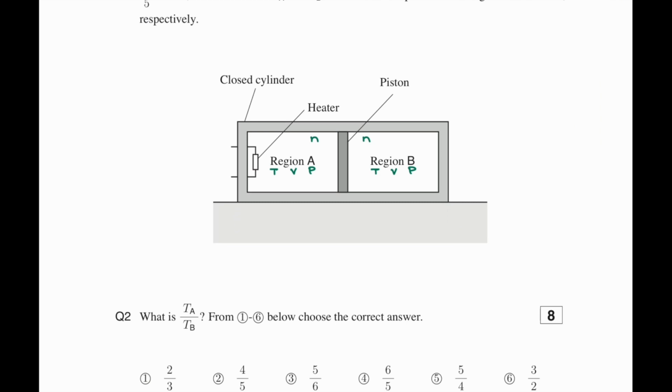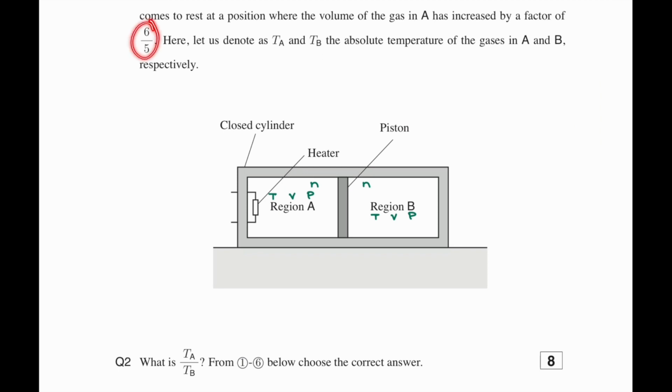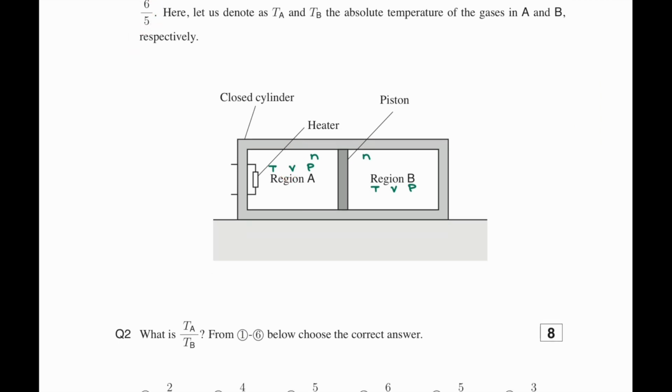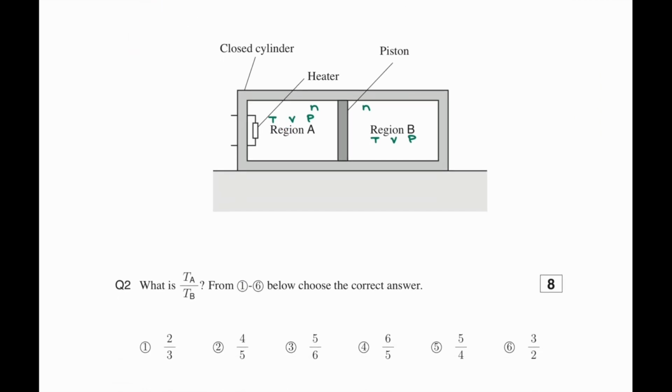That means if the initial volume is V, as I write down here, the final volume is 6/5 V. I will write down here, the volume becomes 6/5 V, and of course the volume of region B will decrease.